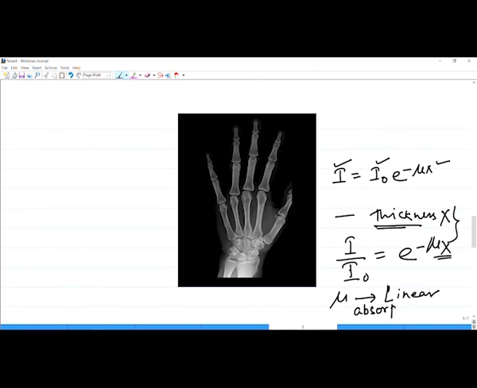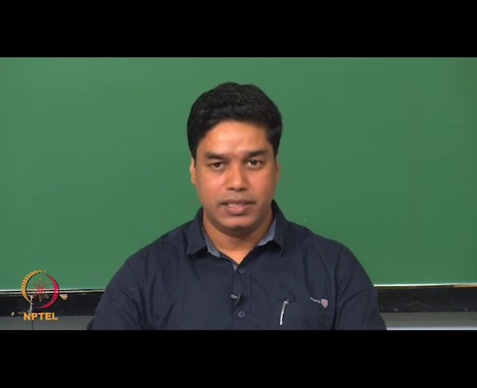We are going to take this up in more detail in the next class, and we will discuss it and then see how that can be used to form the basis of radiography testing.